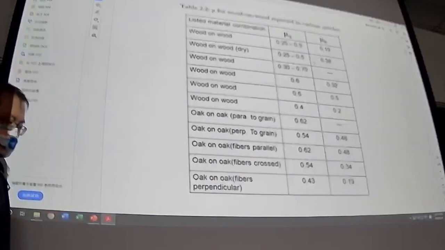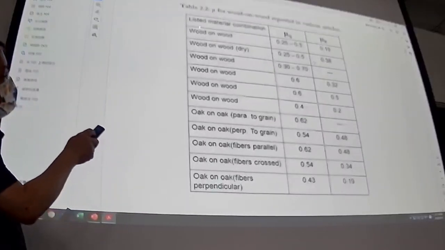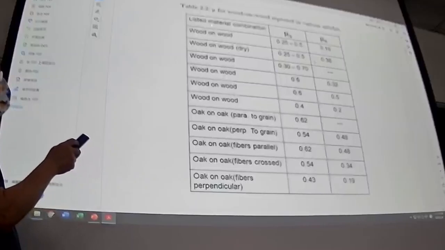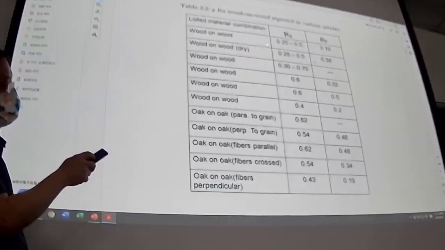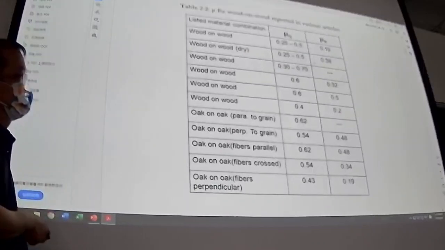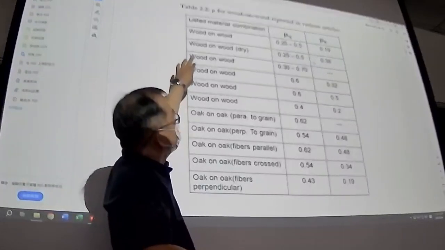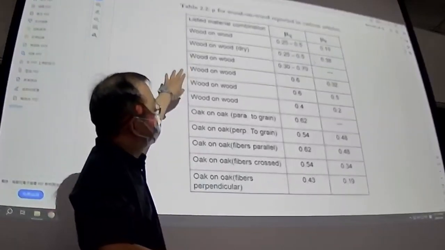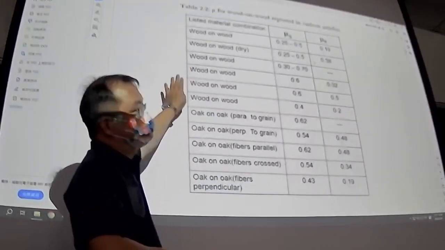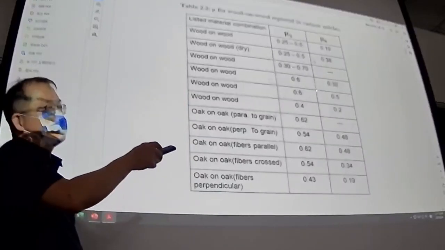It's also a system property, so you have a material combination. For example, wood on wood in dry condition. Of course, you see we have at least 3 or 4 or 5 different conditions for wood on wood, and the testing results are different.